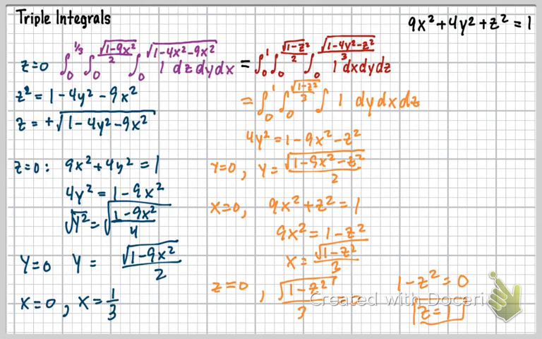And then for my y bound, and that's here, that's going to be 0 to, so there it is, the square root of 1 minus 9x squared minus z squared, over 2 is my upper bound. So that is how I can set this up in 3 different ways, in 3 different orders, I should say, of integration.